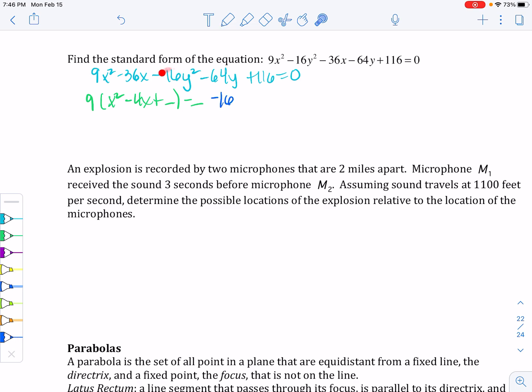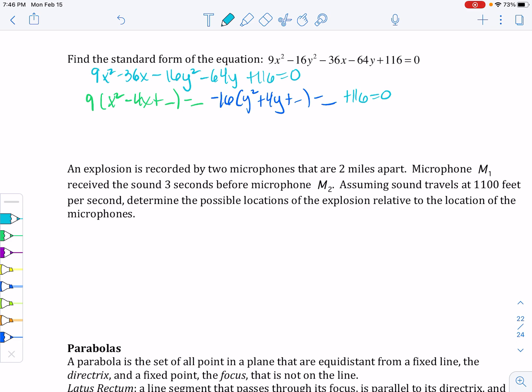So when I take out my negative, 16y squared divided by negative 16 is positive y squared. Negative 64 divided by negative 16 is a positive 4y. And then plus blank minus blank. And then we still keep the plus 116. Or you could move the 116 to the other side. It won't make a difference right now.